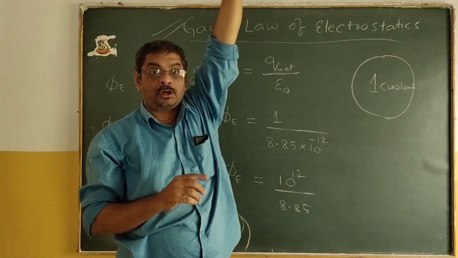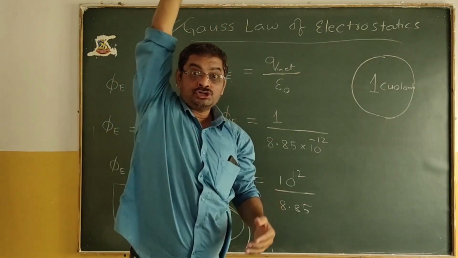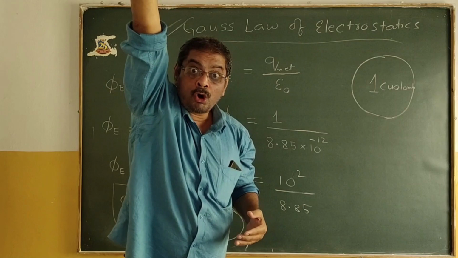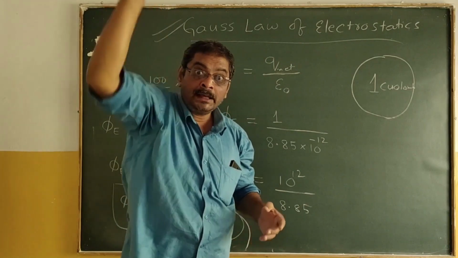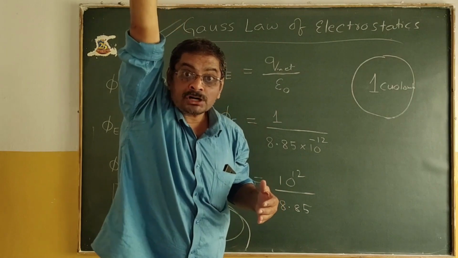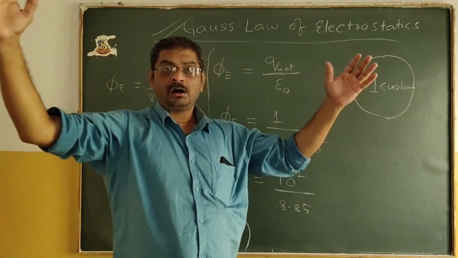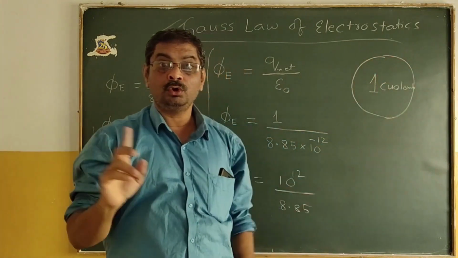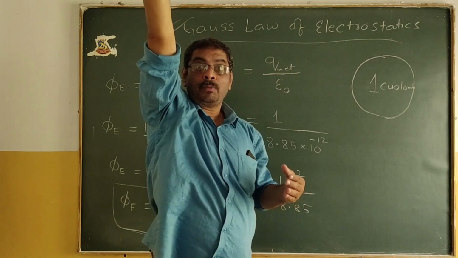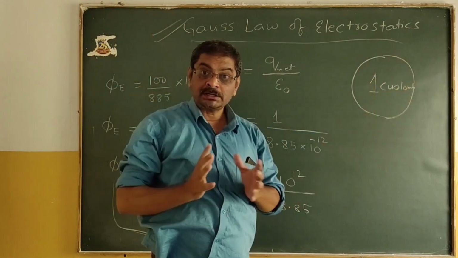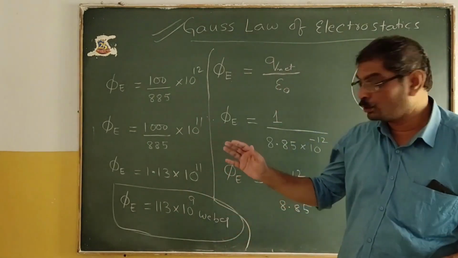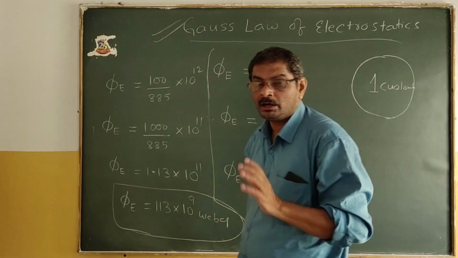Now remember the important thing. Whenever the Gaussian surface contains a charge of 1 coulomb of positive charge, the total number of lines of force diverging out from the Gaussian surface will be numerically equal to 113 into 10 power 9 Weber.